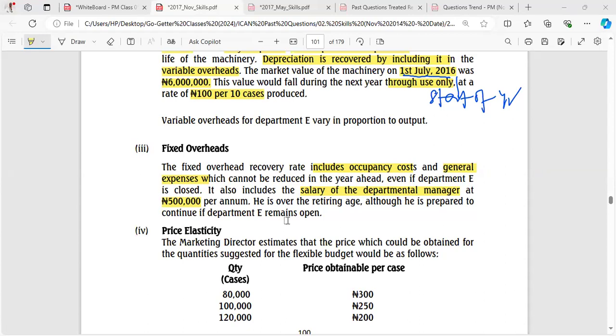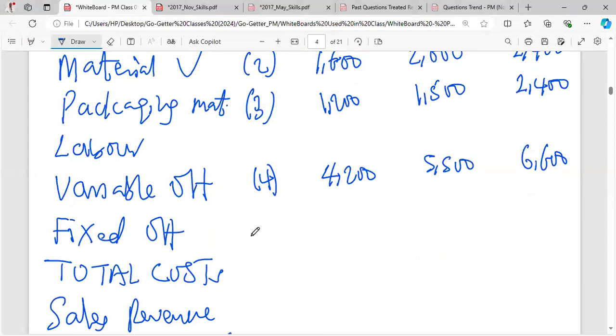If it is not closed down, it will be paid. So we are looking at not just these cases, 80,000, 100,000, and 120,000, we're also looking at closing it down.